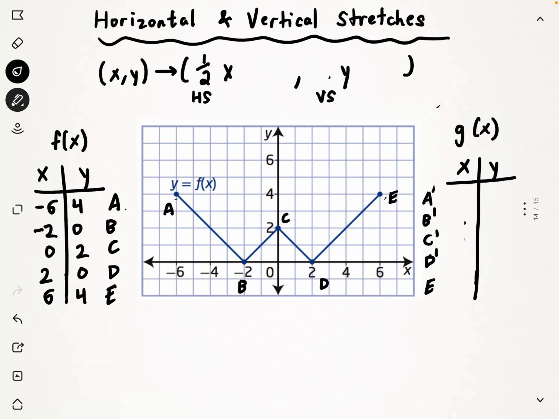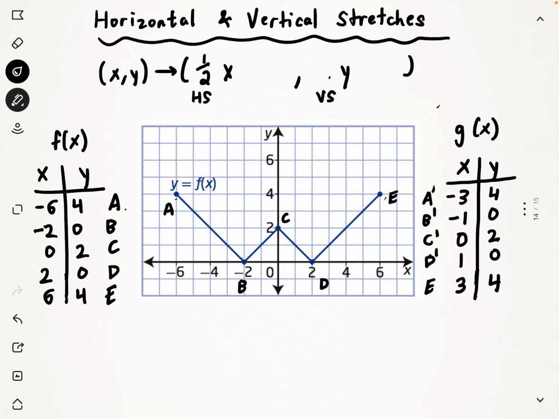First of all, in this case we're not touching the y values. So I'm going to keep the y values at 4, 0, 2, 0, 4. And I'm going to take the x values and shrink them up. I'm going to times them by a half. Getting half of each of these numbers would look something like this.